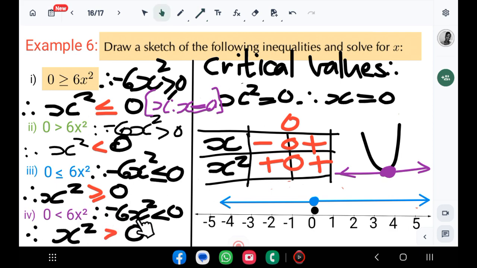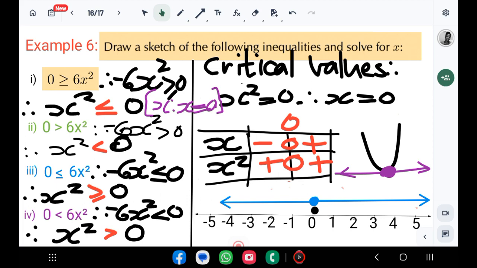The last one says we're looking for situations where the function x squared, your parabola, is on the positive y, but not including 0. In other words, it's greater than 0, not including 0.